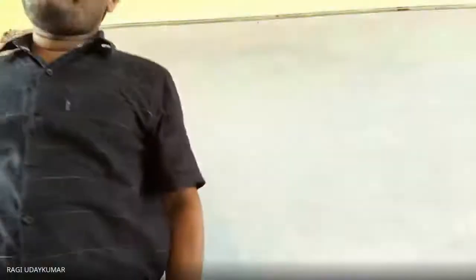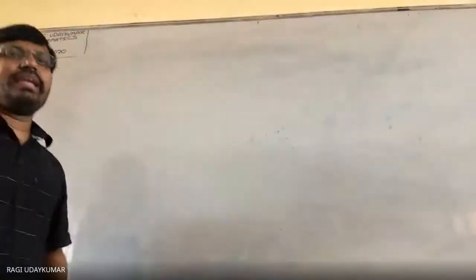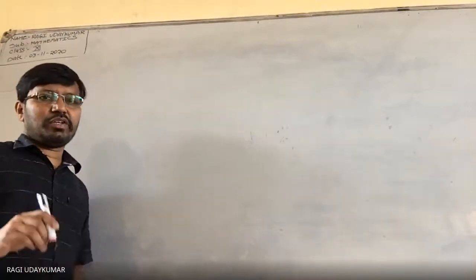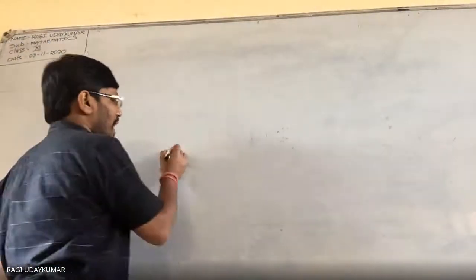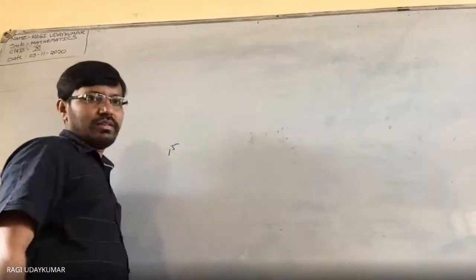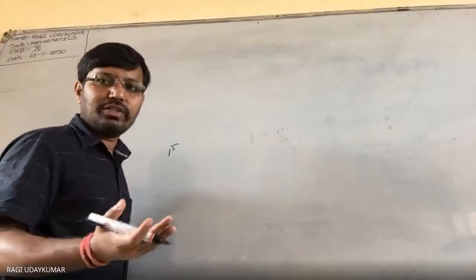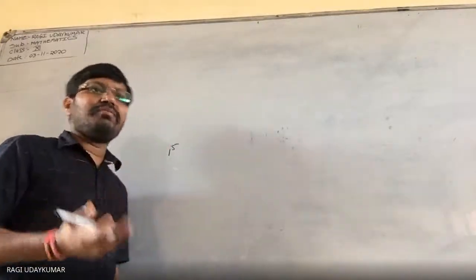Okay, whatever the complex number is given to you, normally, if you take that I to the power of 5, this can be written in the general form of the complex number, a plus ib form में लिख सकते हैं.